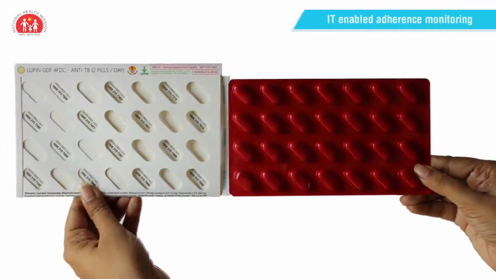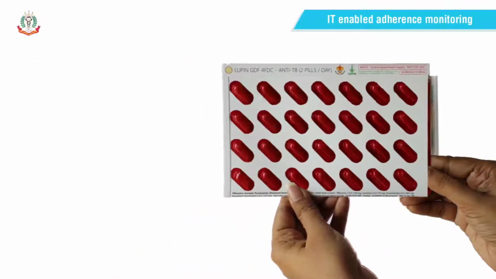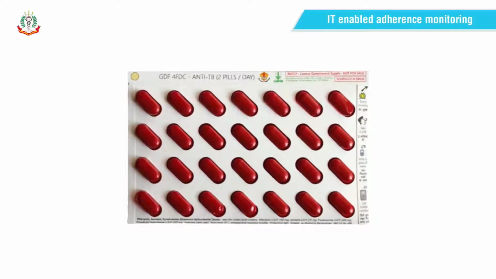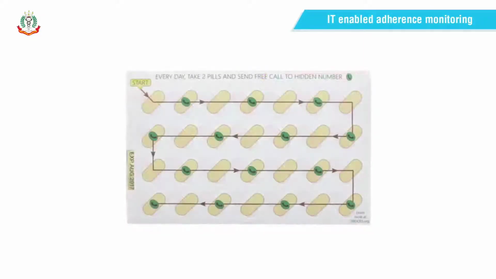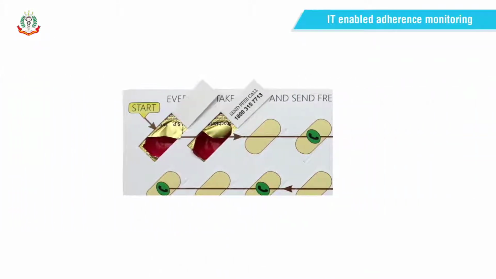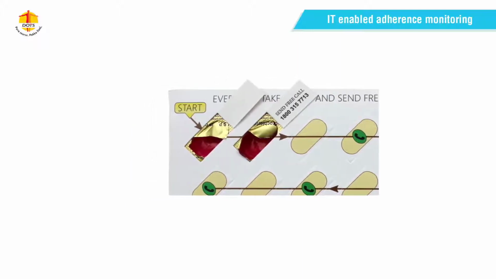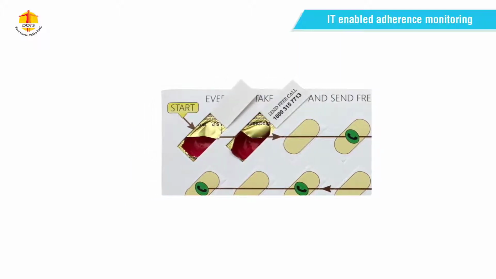This is an example of an IT-enabled adherence monitoring. This is 99 dots, and you see that the daily FDC strips can now be sleeved using specially designed sleeves which have numbers hidden behind the flaps from where the pill can be removed.